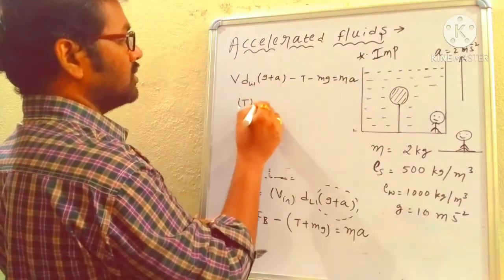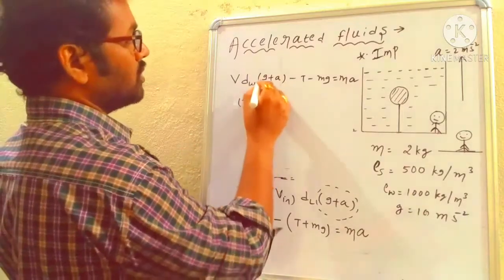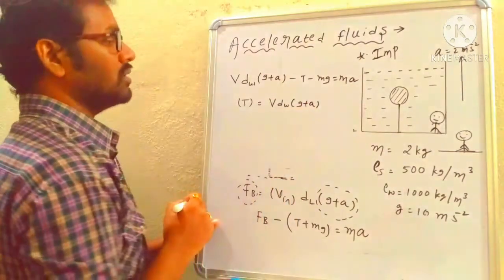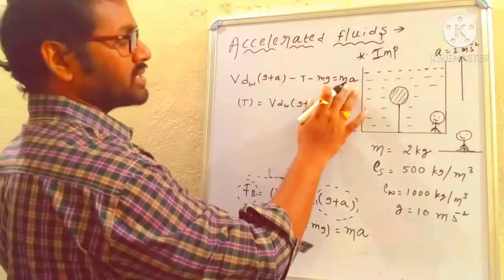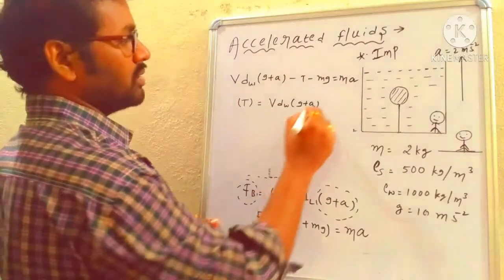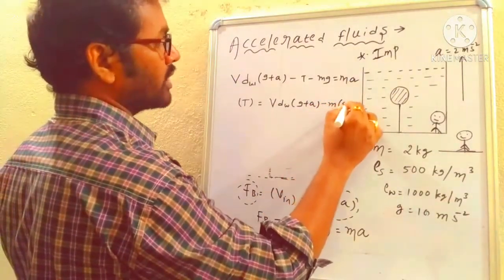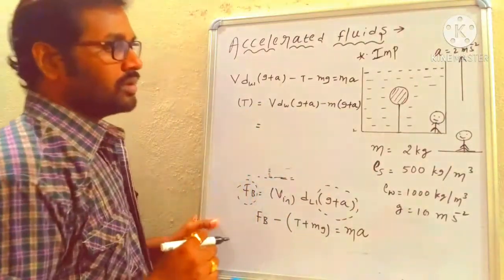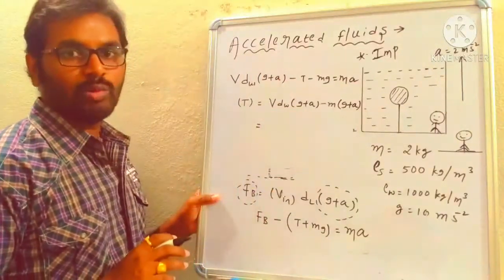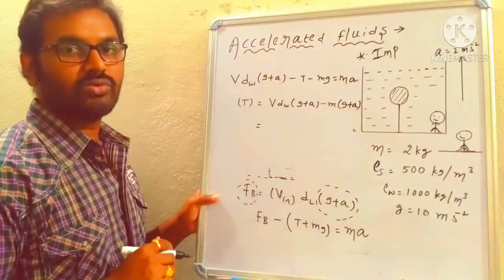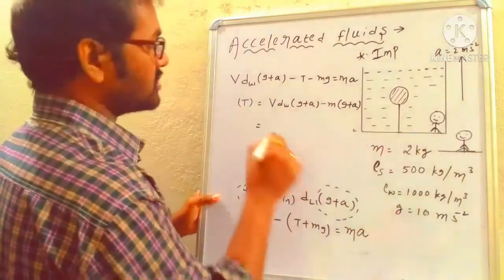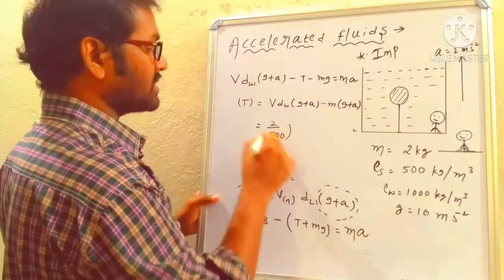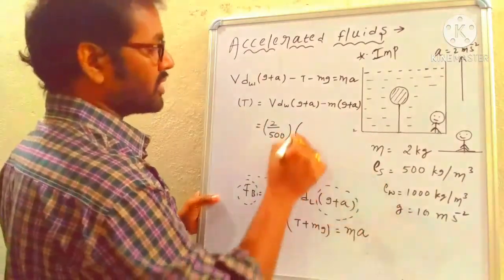There you will get tension T equal to V rho_w (g plus a) minus mg, and this ma will come to this side as minus ma. If I take minus m common, you get g plus a. Now put all the values here. In the question the volume of the sphere is not given directly. Instead we can write volume is equal to mass by density. How much mass? 2 kg. Density is 400. All are in the SI system. And the density of water is 1000.